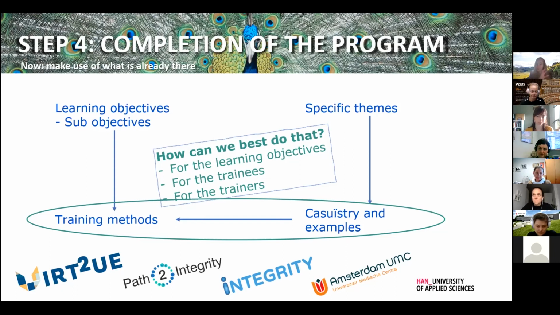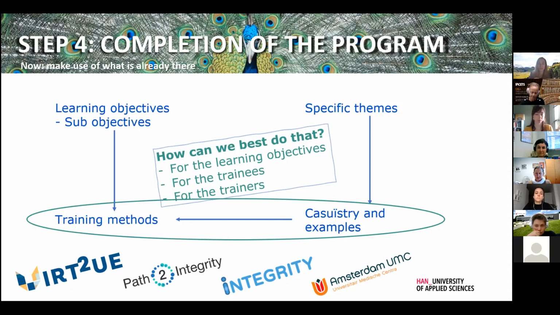So we actually looked at all these different available teaching methods, and picked from that what fits well with our program, and then we could almost already fill the whole program. And then there are only just small things where we feel, okay, there we should develop something ourselves.